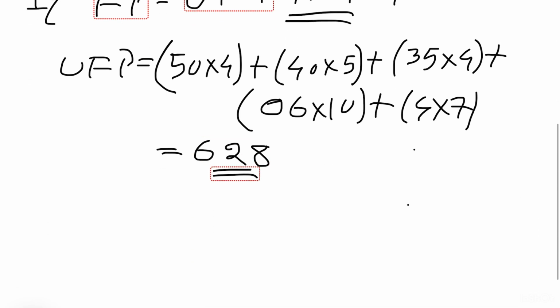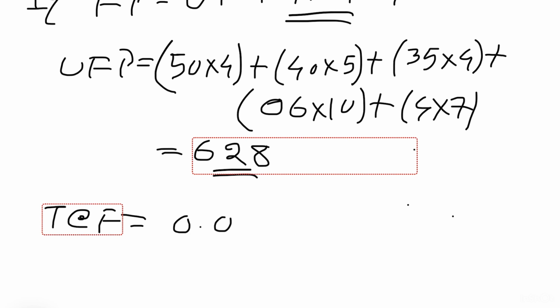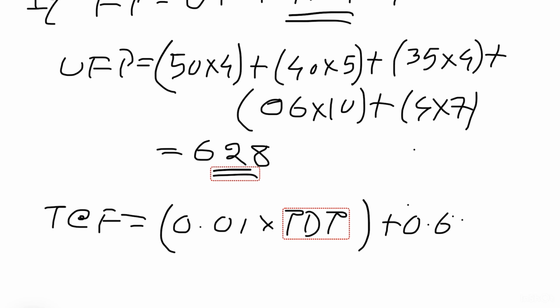Now we have to find the adjustment factors. How do we get this TCF, the total complexity factor? The formula for this is 0.01 multiplied by TDI, the total degree of influence, plus 0.65.